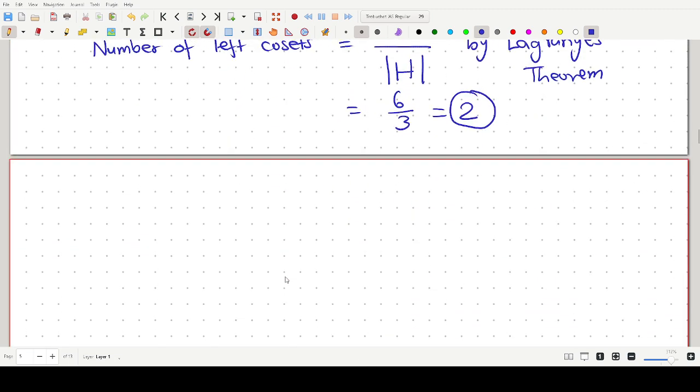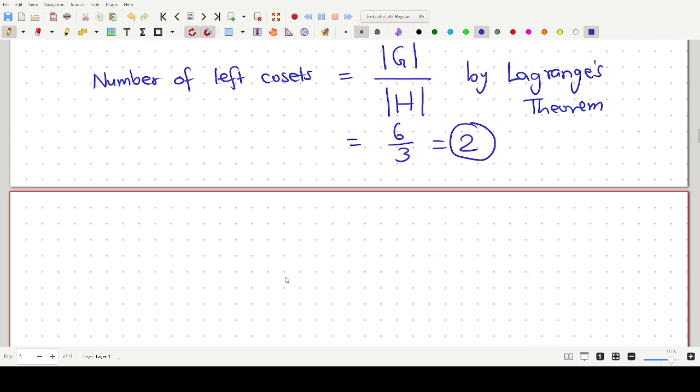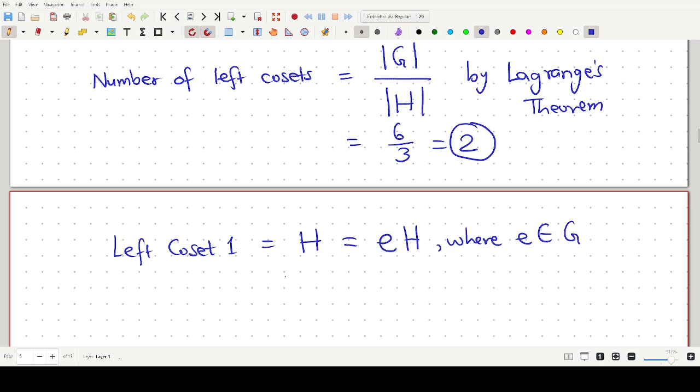Now let us be very clear about a particular concept. One of the left cosets is going to be H itself, right? This could be written as the identity element times H, where the identity element belongs to G.